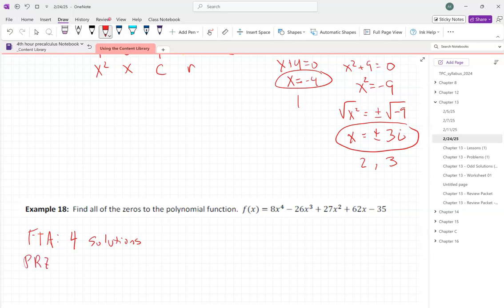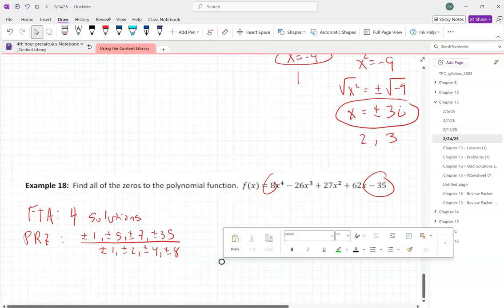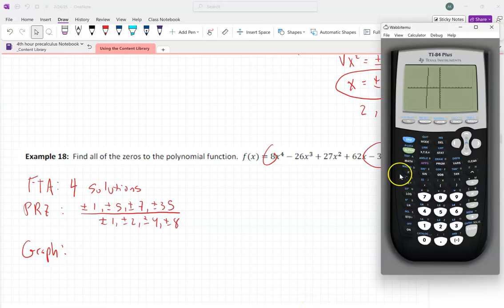My possible rational zeros are going to be the factors of the constant term divided by the factors of the leading coefficient. And then I'm going to go to my graph and take a look and see what I can see from looking at that.